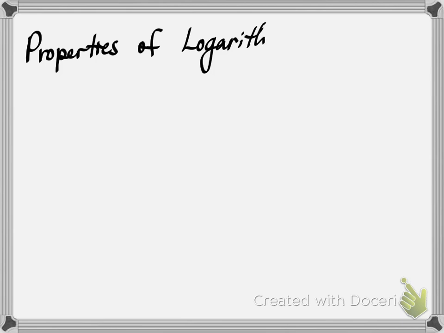We have 4 properties of logarithms. These are nice. This chapter overall is pretty nice. It gives us a break from all that stuff we did in chapter 2. What if you have log base a of 1 and we want to know what that's equal to? Well, let's do the swoop.